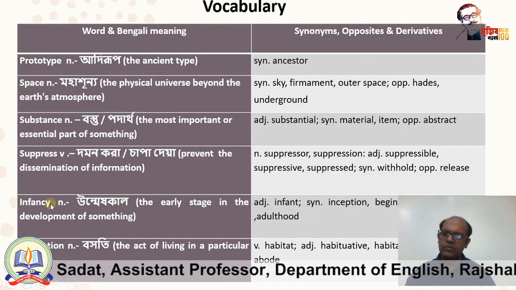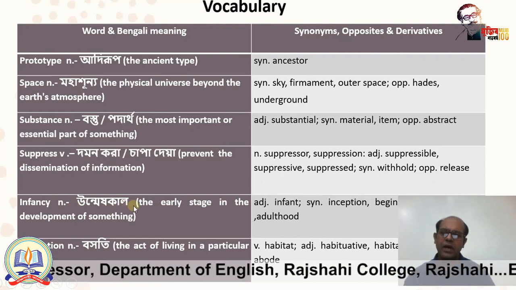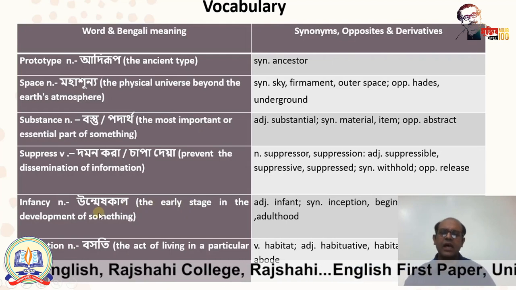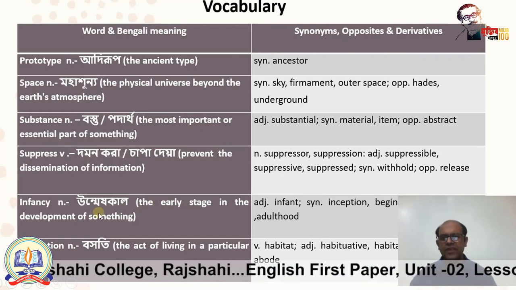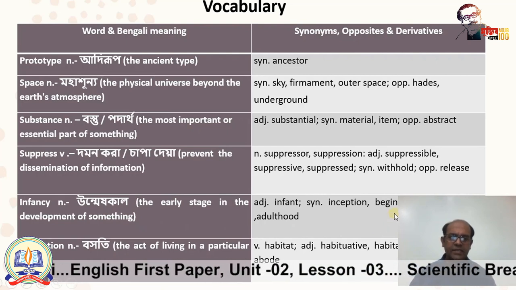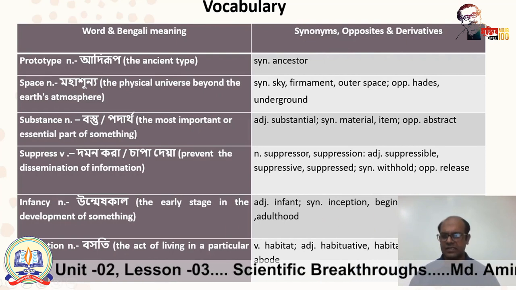Infancy is a noun. Its Bengali meaning is ummeshkal ba shoishab, the early stage in the development of something, and its adjective is infant, synonym is inception, beginning, etc. and opposite is maturity, adulthood, etc.